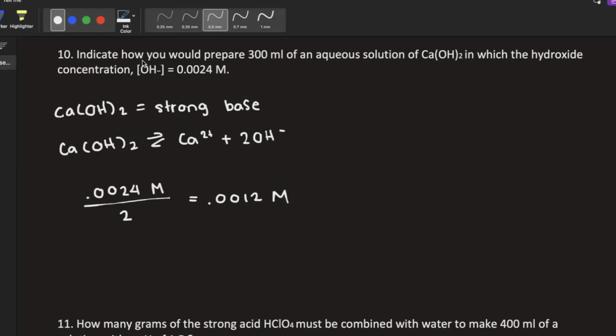Next, we're trying to find how you prepare 300 milliliters of an aqueous solution. So the next thing we're going to do is multiply this number by 0.300. Remember that it always has to be liters instead of milliliters. This is going to give us our moles, which is going to be 0.00036 moles.